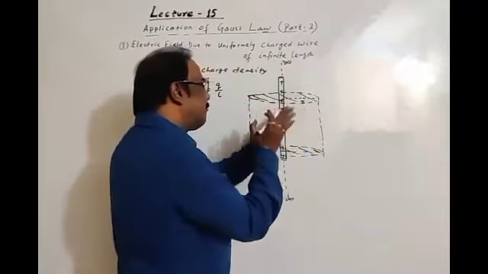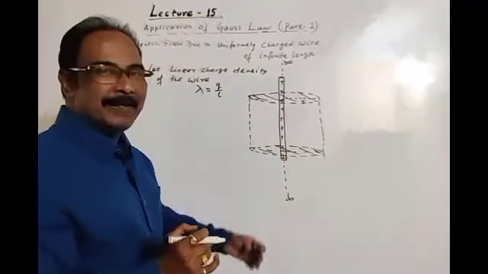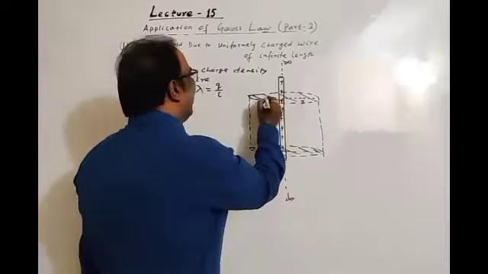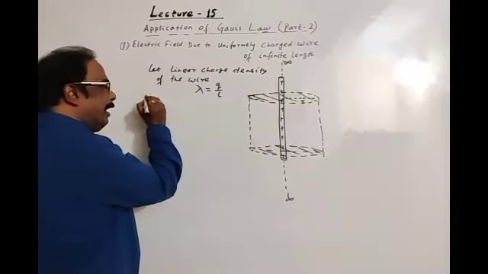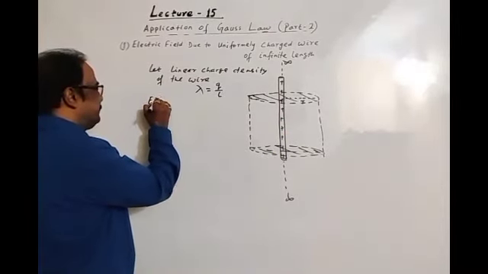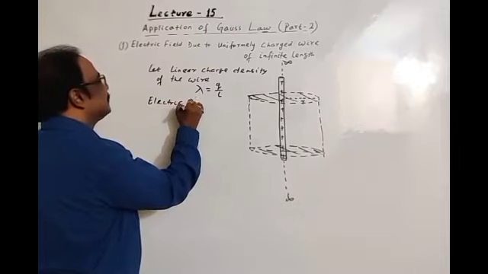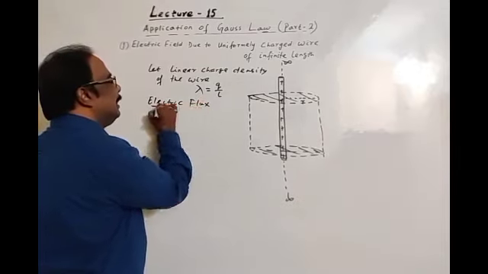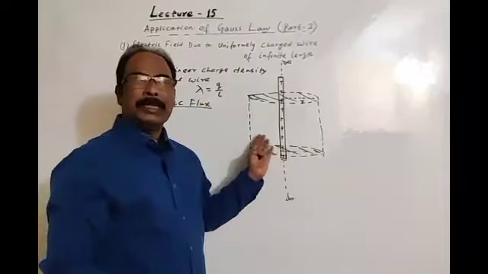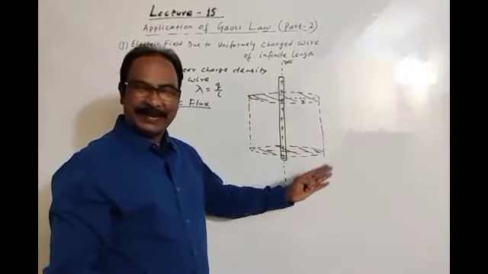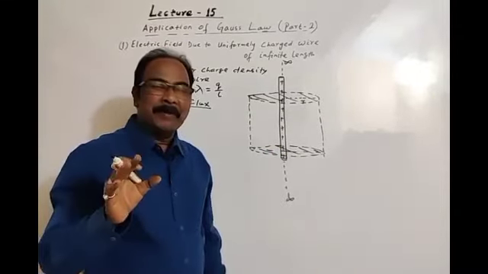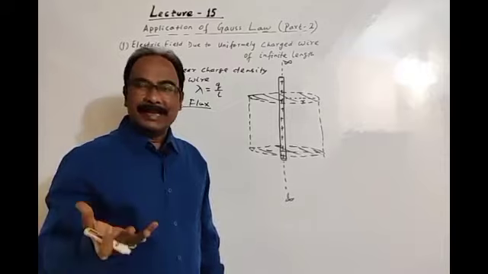This is an imaginary, cylindrical Gaussian surface. Then electric flux through this Gaussian surface. So our first step is to consider a Gaussian surface.